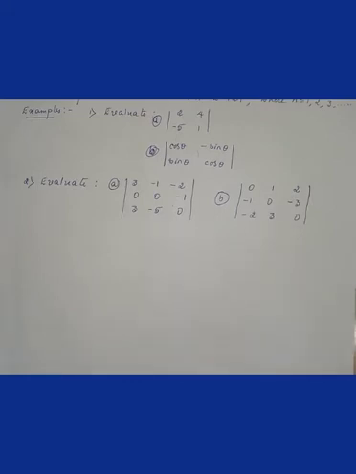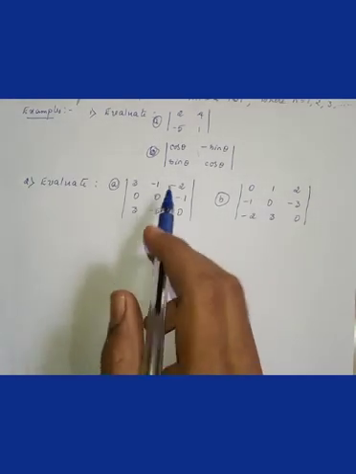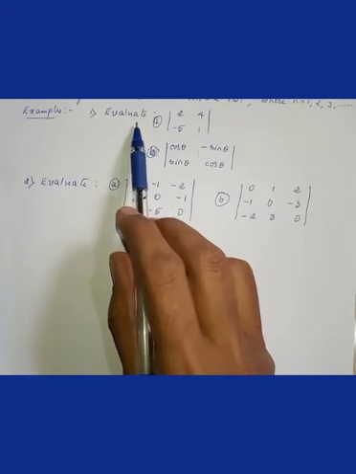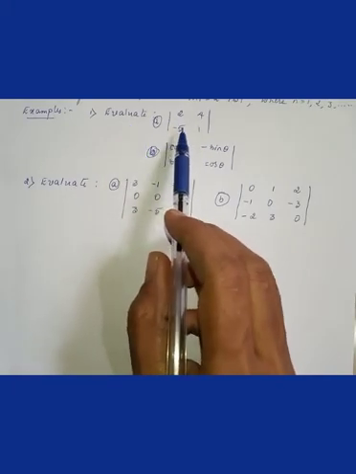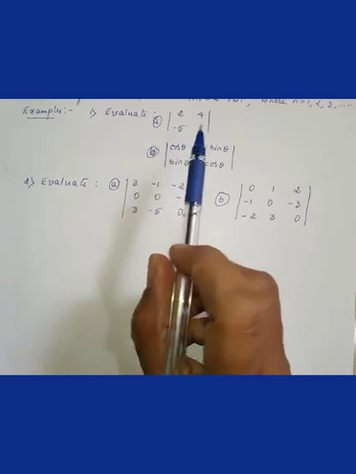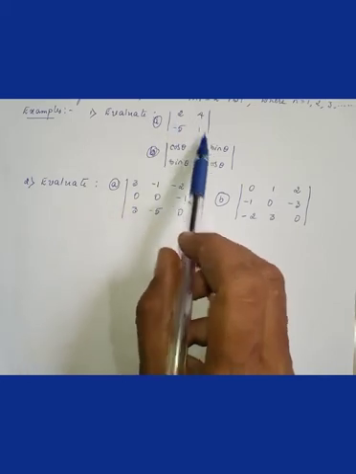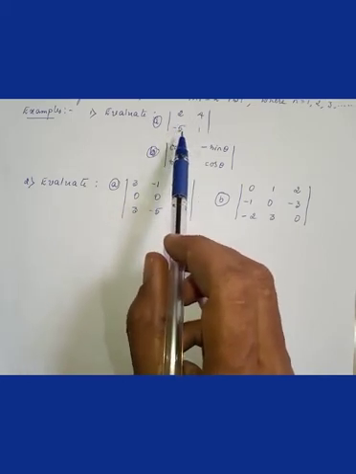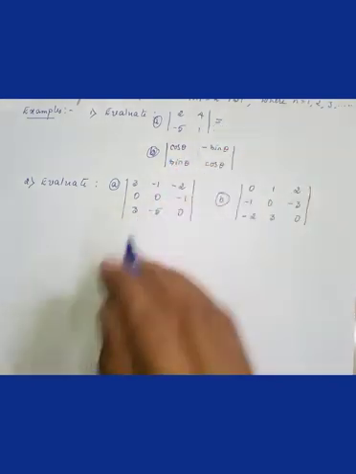The first example gives the determinant of a 2 by 2 matrix. They ask the question only this one: evaluate. Within 2 lines, they'll write simply the numbers. That means you have to understand that you have to find the determinant of a 2 by 2 matrix. How?